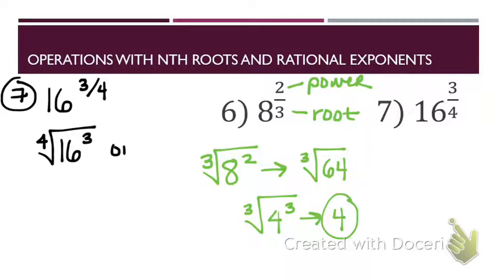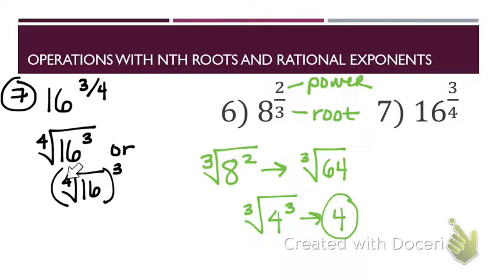So what I would do is figure out the 4th root of 16 first. See, this power can move. It could be underneath or you can put it on the outside. And even for the last one, we could have taken the cube root of 8, got 2, and then taken 2 squared and got 4. So there's more than one way to simplify this.